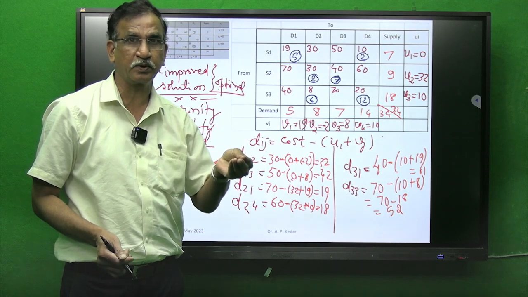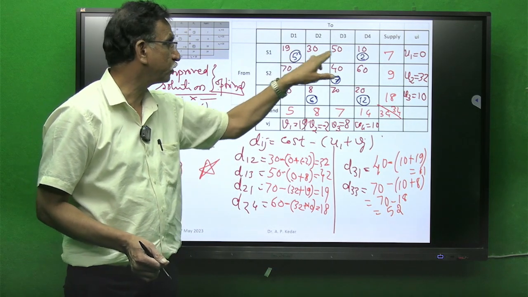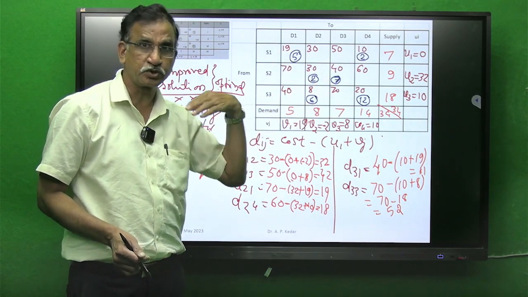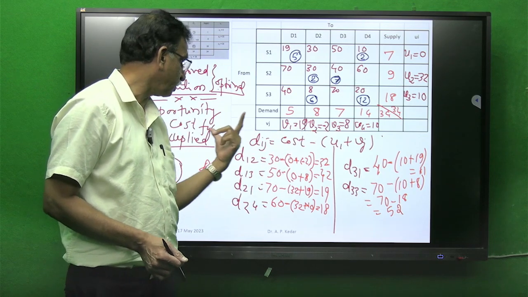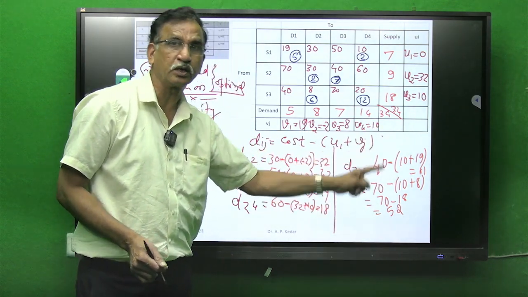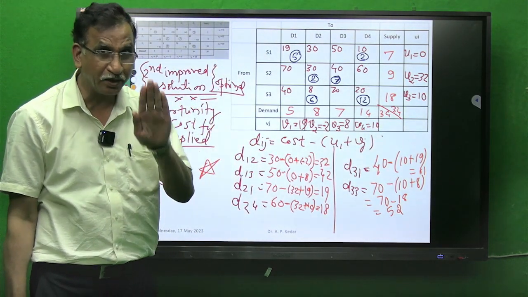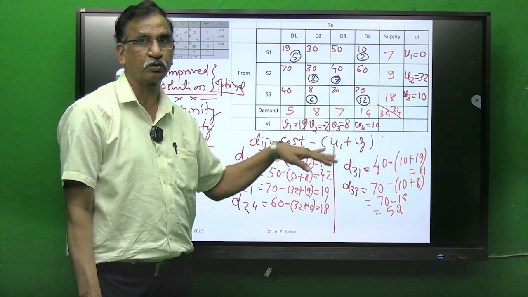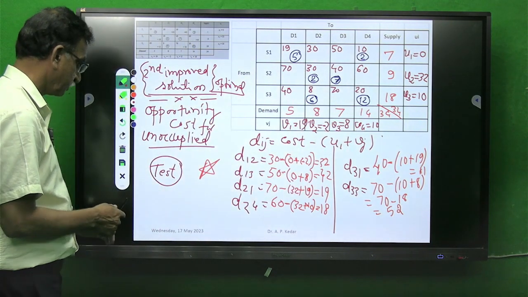Why am I saying this is the final allocation? Because for this allocation I have checked opportunity cost and there is no single negative opportunity cost, and therefore the transportation algorithm terminates.